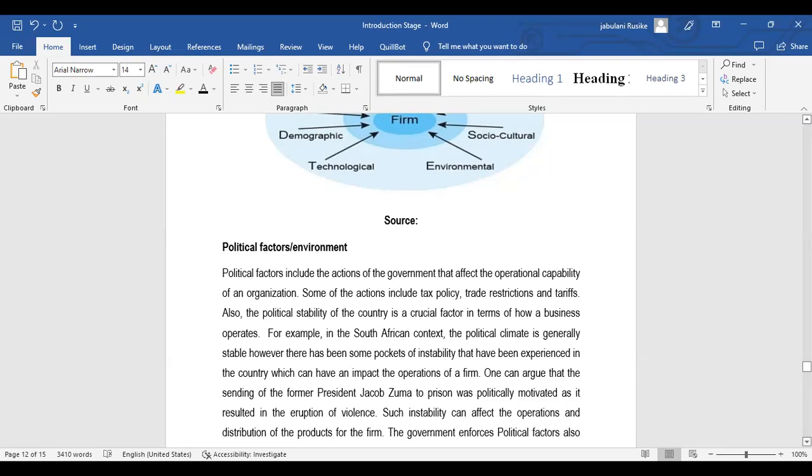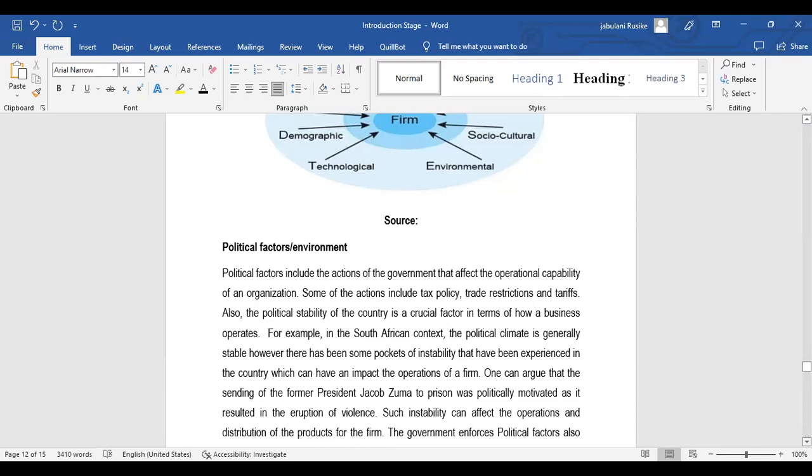So the political stability of the country is a crucial factor in terms of how a business operates. Now, I've given an example in the South African context. Remember, they just say political factors. I mean, macro-environmental. They did not say, is it in South Africa or what, but we are in South Africa. So I would prefer that you give South African examples.